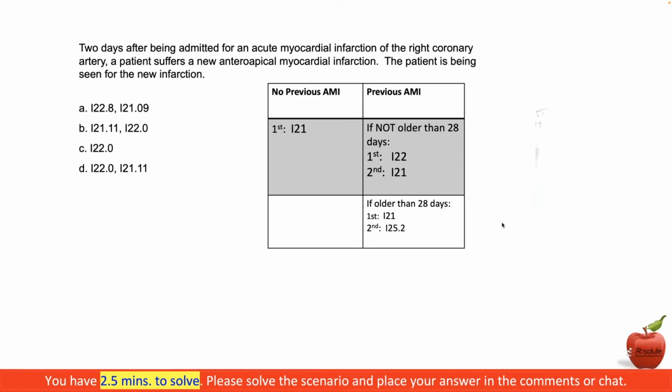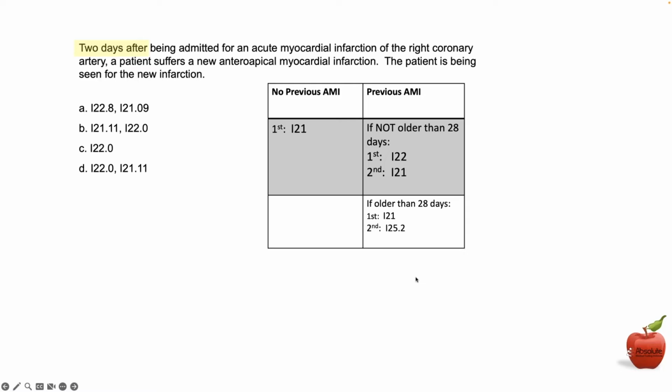All right. I think I stopped the clock, but I think we're ready. So please disregard. Okay, so what we have to do is highlight our key terms. And of course, we're going to refer to our AMI chart. Two days ago, this patient had an acute myocardial infarction of the right coronary artery.